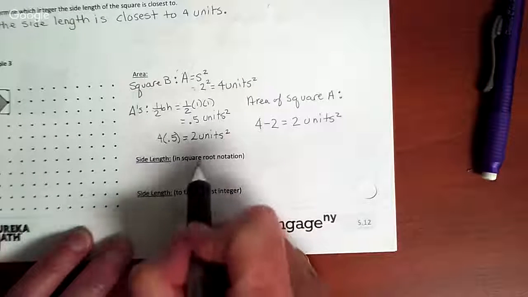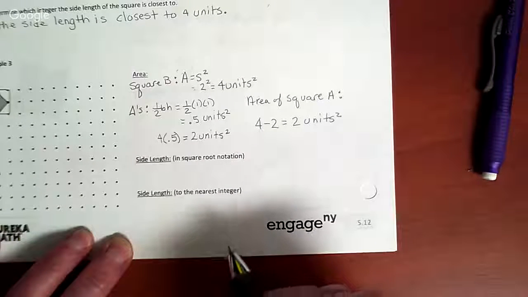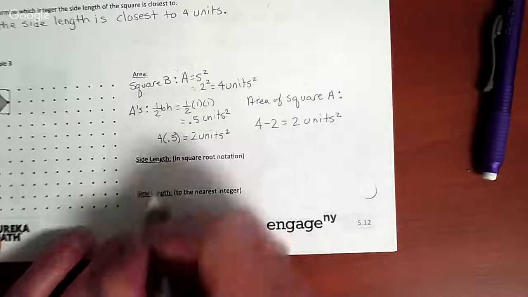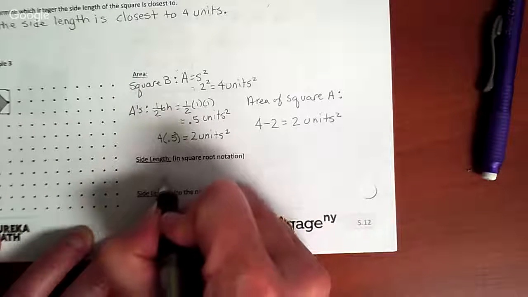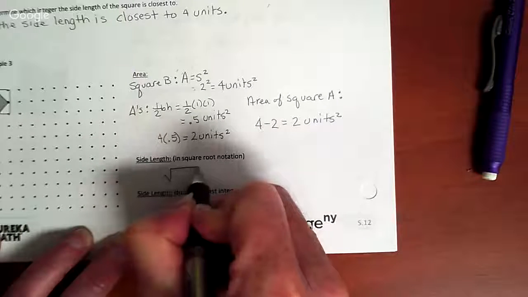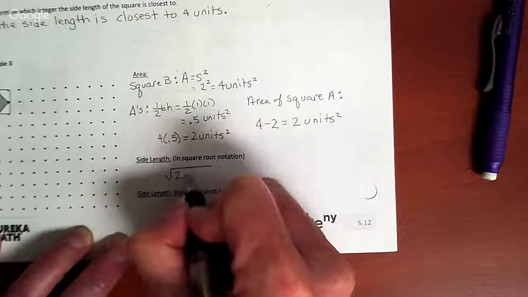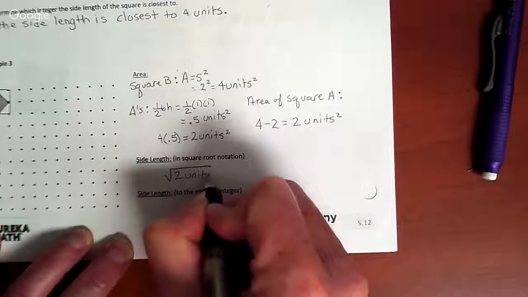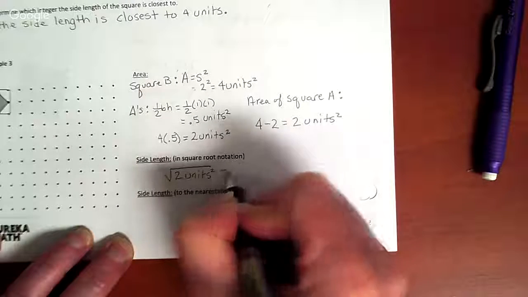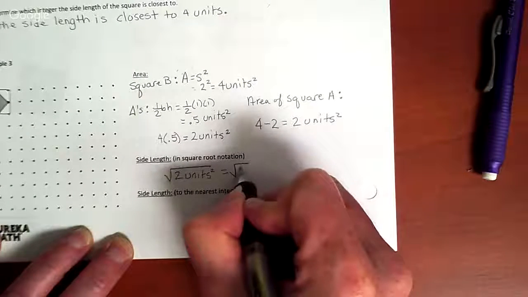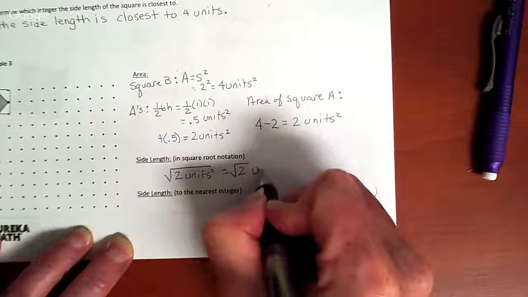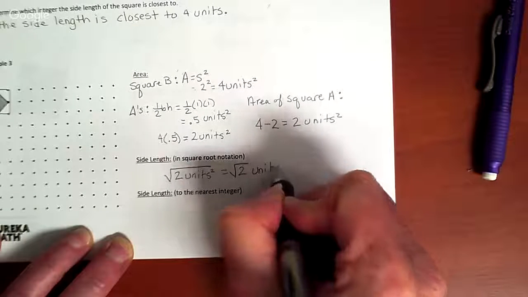So now our side length in square root notation would be the square root of 2 units squared, which would equal the square root of 2 units.